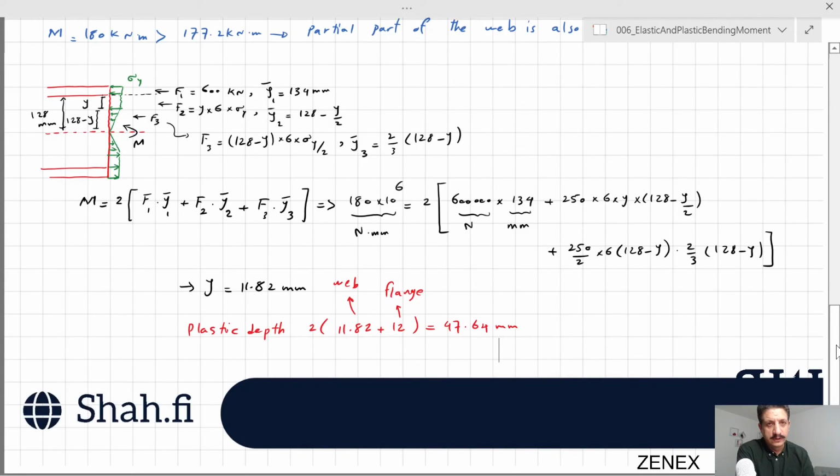But it is not the correct answer if you just say, okay, Y is negative, so I can reduce the 12 millimeter of the flange by that negative value, and that's the depth of the flange which is plastic. No, you have to go back to the beginning, now assume that the flange is partially plastic, and write the equation again and solve it for the correct answer.